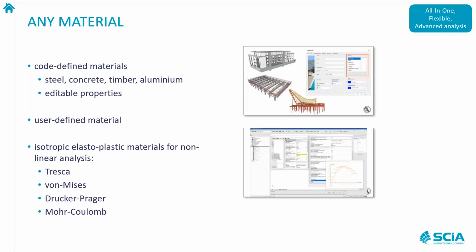There's also a code check for most of the materials implemented: steel, concrete, timber, aluminium, and eventually glass or fiber concrete. You can still implement your own material to then study your project with FEM analysis.